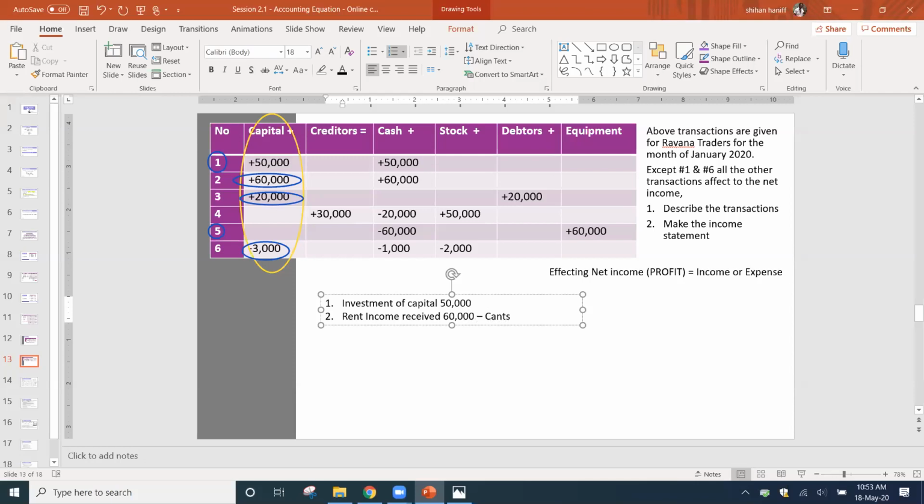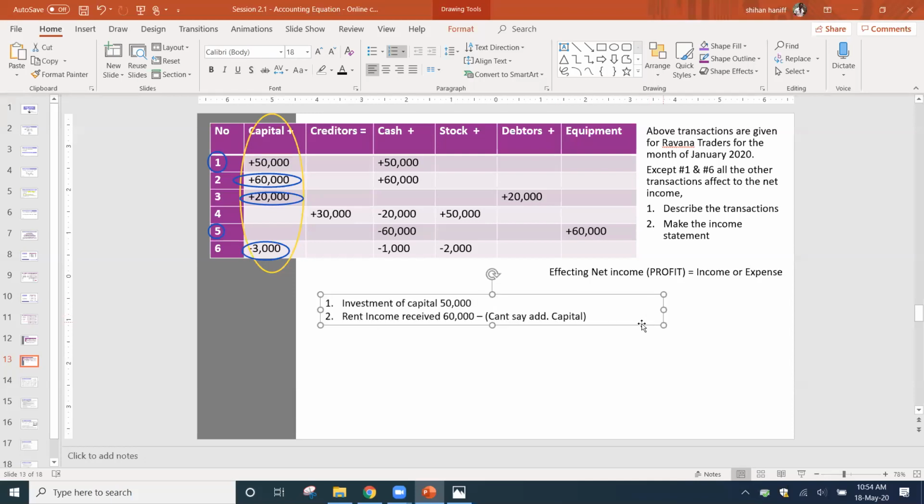So yeah, you can't say additional capital for the second one. Why? Because this is what I explained. This affects the income, affects the profit. So affecting the profit means it is an income.